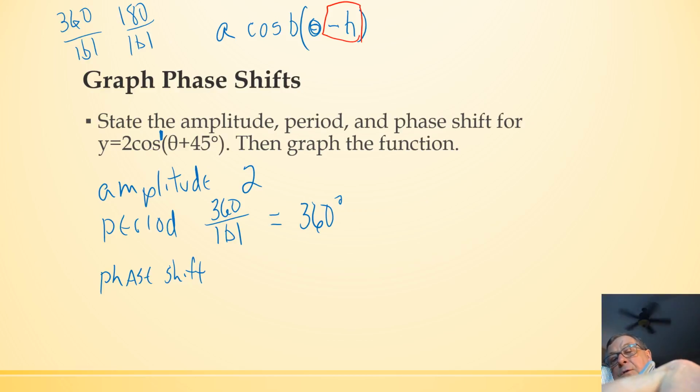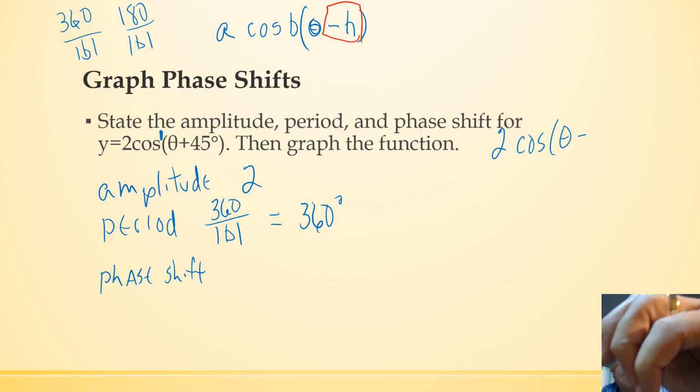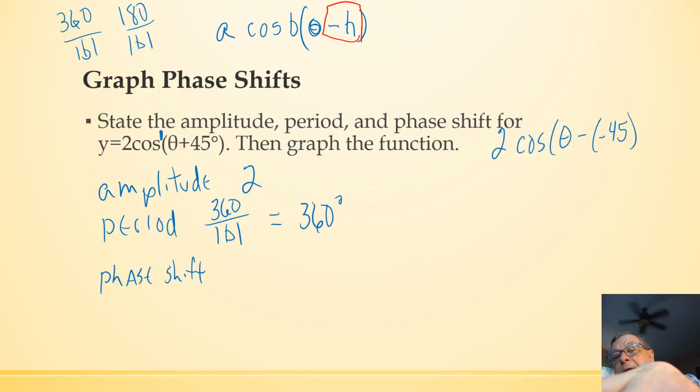Let's say 2 times the cosine of theta minus, and it would have to be negative 45 for that to be a positive. So our phase shift then is negative 45 degrees, which means that it's going to shift the graph to the left on the horizontal axis by 45 degrees.